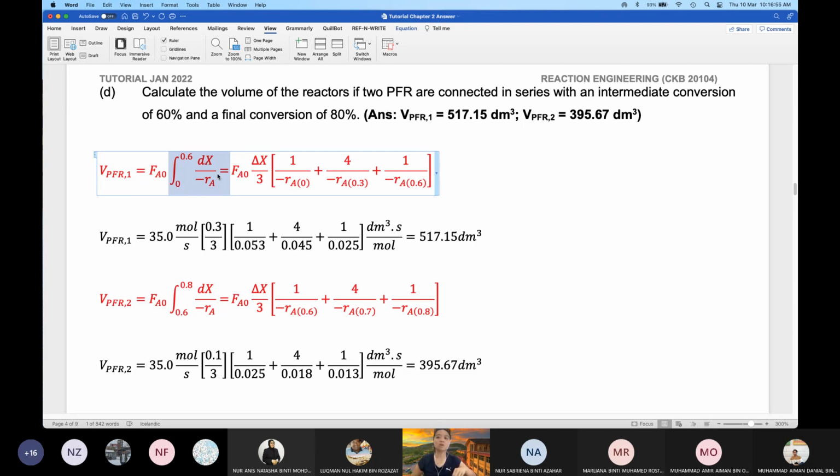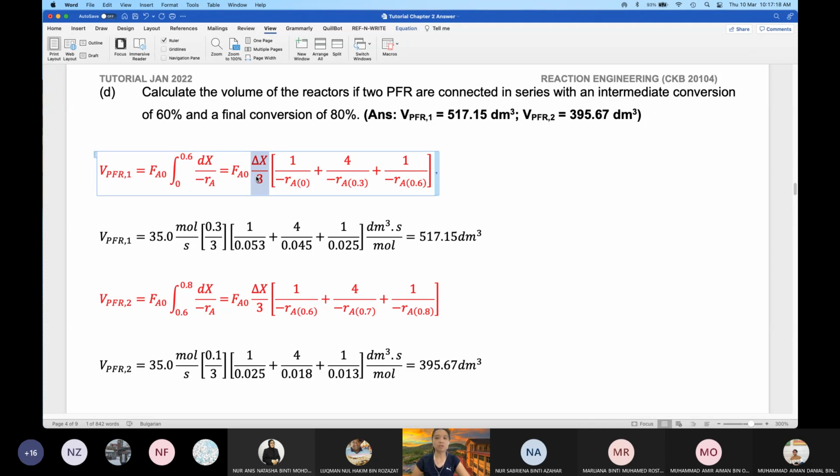Why do I always emphasize the lower limit and upper limit? Because later when we do the Simpson's one-third rule calculation, you will know its starting point and final point. That is why it becomes FA0 delta X per 3. In this part we calculate delta X. Our lower limit X0 is 0, and our upper limit is 0.6.